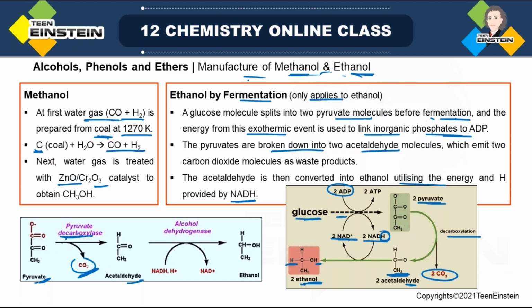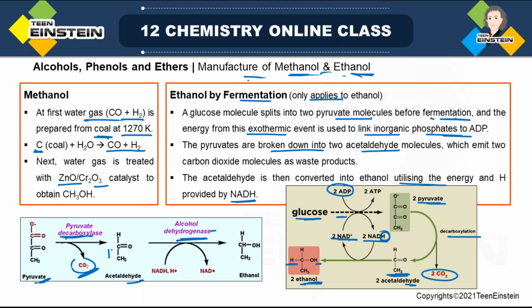And it is not that it can decarboxylate any molecule, it is specific for the pyruvate molecule, so the name is pyruvate decarboxylase. These are natural catalysts present in living things, also called biological catalysts. Their role is very specific. It can decarboxylate only pyruvate, and when acetaldehyde is converted to ethanol, alcohol dehydrogenase is used.